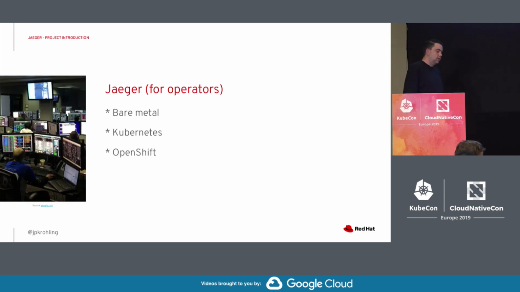Now, if you are an ops person, then Jaeger means something different to you. First, it means the things that you have to deploy and maintain in production, like the whole infra for Jaeger itself. But perhaps more importantly or more useful than that is the tool that you use to do root cause analysis or to visualize what your microservices are doing.